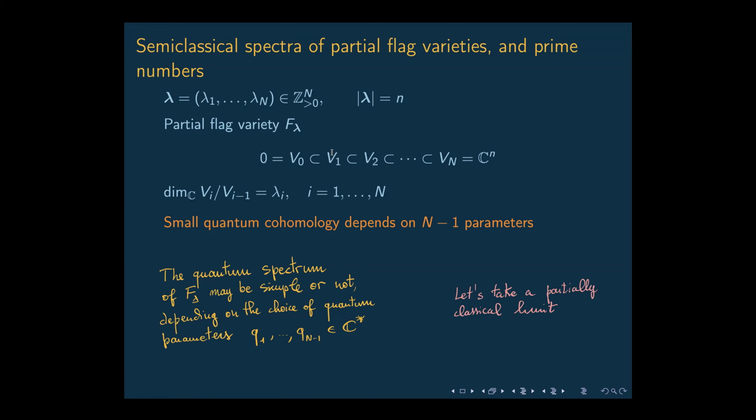So the first problem for me was to understand what is the question I may pose. And the idea I had was the following: to take what I call a partially classical limit. That is, of all these quantum parameters, let me just freeze to zero all but one, and let's see what happens.